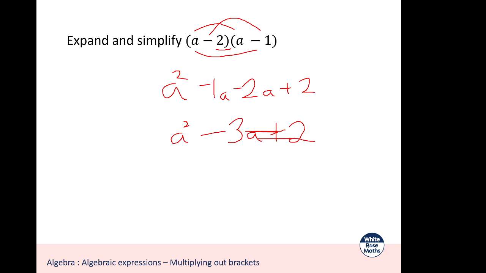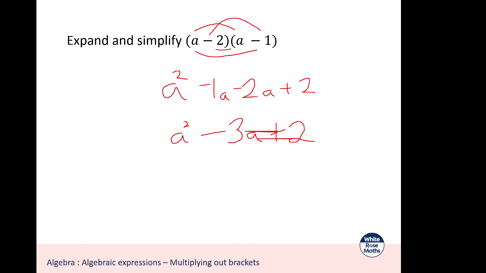Is there a certain order where you can put the numbers when expanding brackets here? Actually, you're able to put them in any order that you want. Like I could have written it as a squared minus 2a minus 1a plus 2, so a squared minus 3a plus 2.